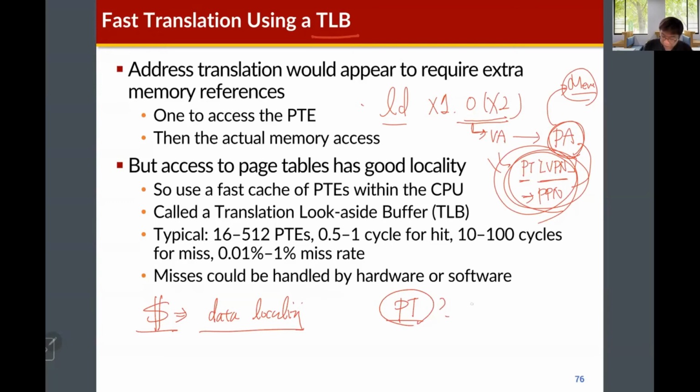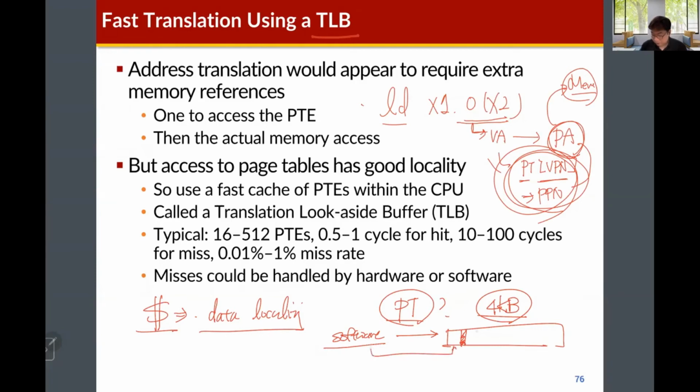I said that a single page size is 4 kilobytes. Because of the data locality, we can assume that if the software accesses certain data in the 4 kilobyte page, then with high probability this same software will access the neighbor data, right?